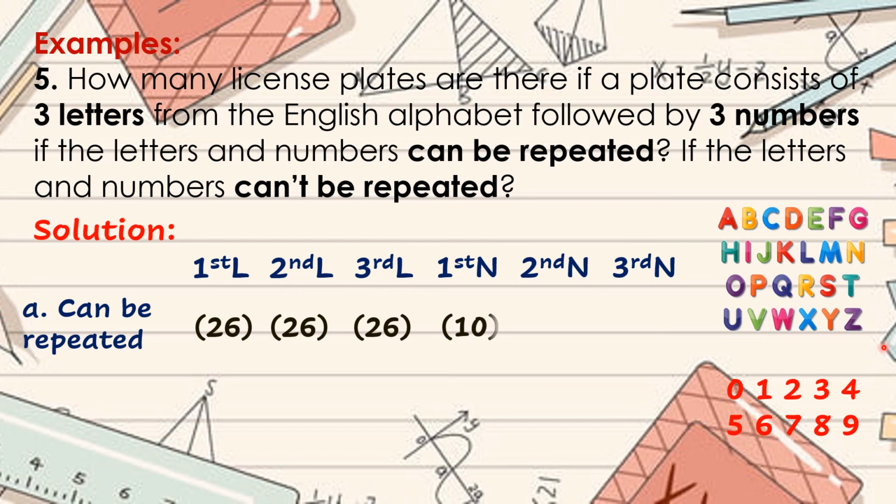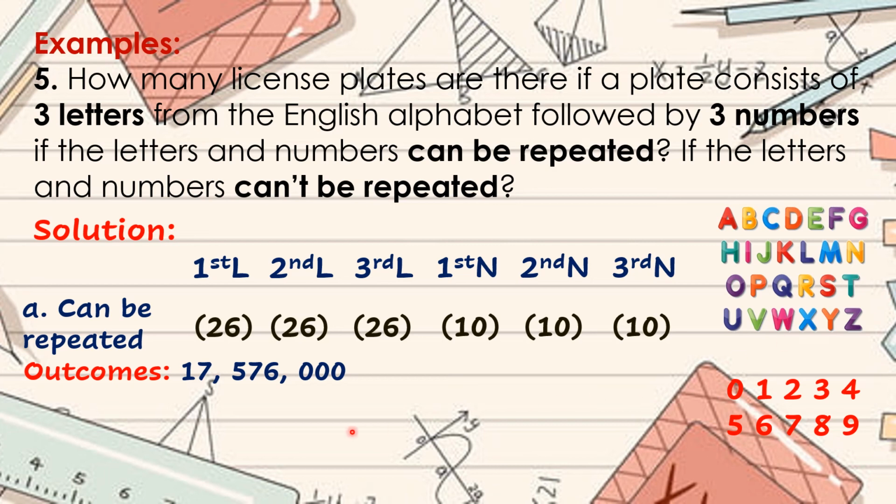Okay? For the numbers, mayroon tayong 10 choices. At dahil pwedeng maulit, 10 pa rin kay second number at 10 pa rin kay third number. Multiplying this, the outcome is 17,576,000. Ang dami, di ba? So, ganyan kadami ang pwedeng magawang license plate.